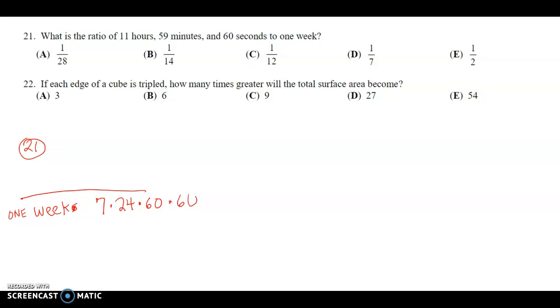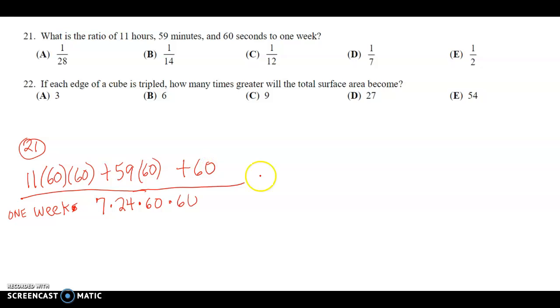So 11 hours is 11 times 60 minutes times 60 seconds, all in terms of seconds. 59 minutes is 59 times 60 seconds. I'm not going to be multiplying all this out. And then I have 60 seconds.